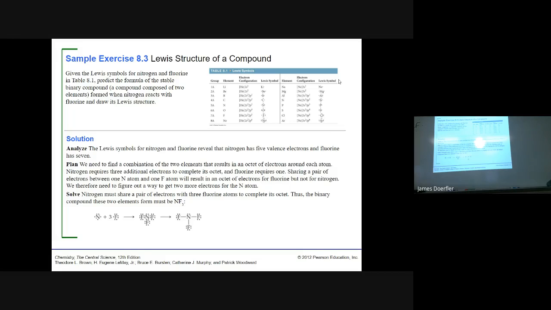And so now that we've identified which electrons are being shared, how do I finalize this? What do I use? A line. Very good. So you'll end up having a finished product that looks like this. And any remaining unshared electrons go on the outside. So that is what a Lewis structure of a compound would look like.